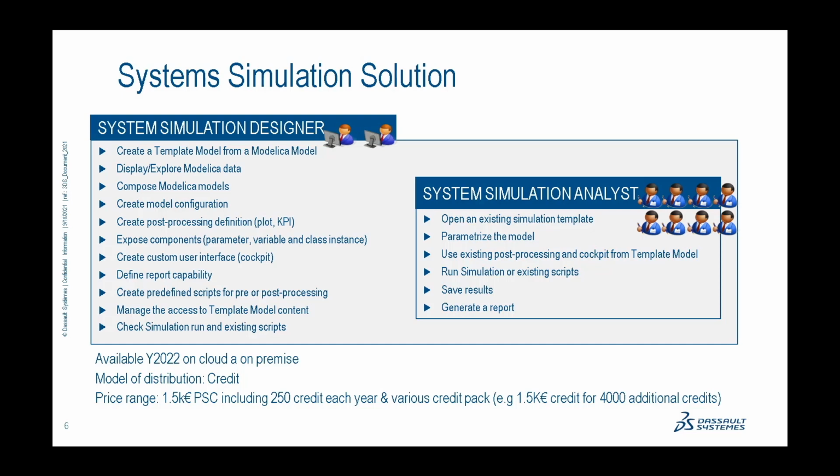And of course, any of these users can benefit from packs of credits that could be acquired for a group of people, of 4,000 additional credits of run that would be available. So this should allow a diffusion of the Dymola technologies in areas where it was not very diffused due to the lack of specialists.